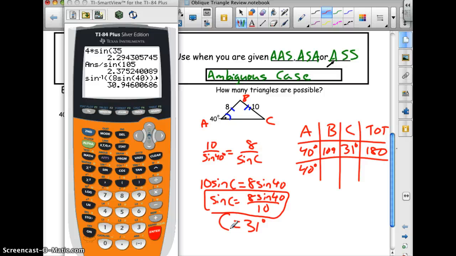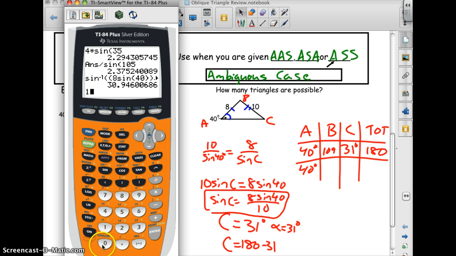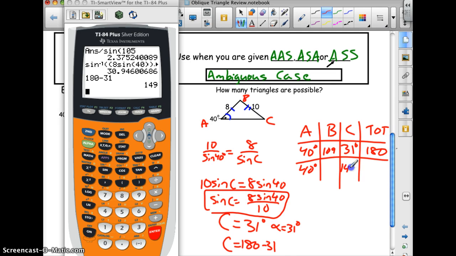The other possibility is because sine is positive in the first 2 quadrants, alpha was 31, so the first answer for C was 31. The other C is 180 minus 31. So I take 180 minus 31, right? And that's going to give me 149. So conceivably, that could be 149. Here's the problem with this.